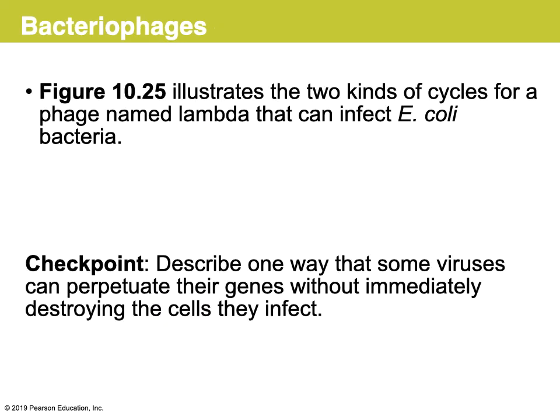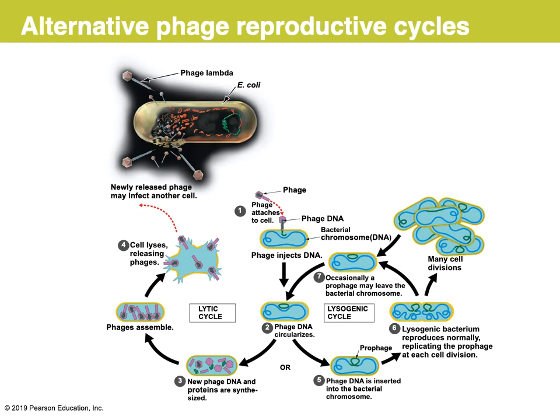So, next diagram, 1025, is going to illustrate the 2 kinds of cycles for a phage named lambda that is known to infect E. coli bacteria. So you can see that there's 2 pathways here. One is, as you see in the center of the diagram here, lytic. The other is lysogenic.